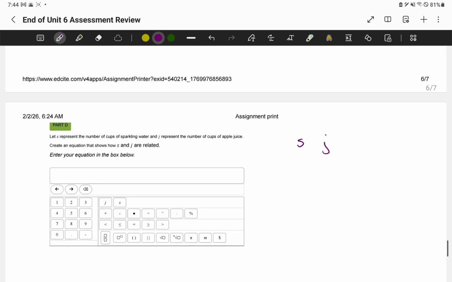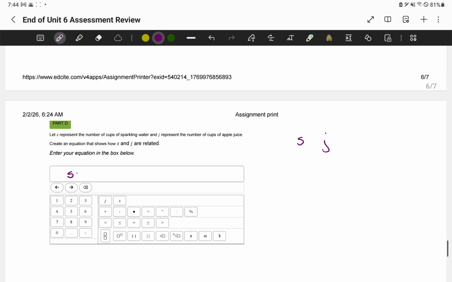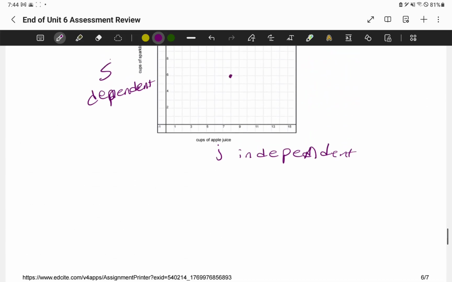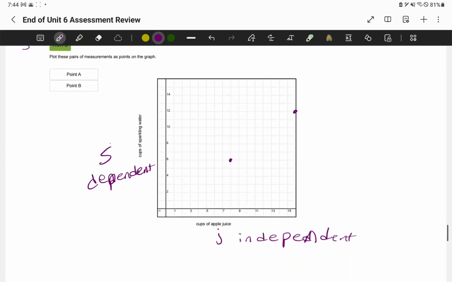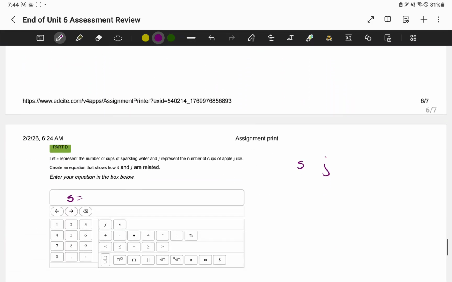So that means it's going to be S equals. Well, I want it to equal 3, so I'm going to put 3 over 4, the original ratio I was given. And I multiply it by J.